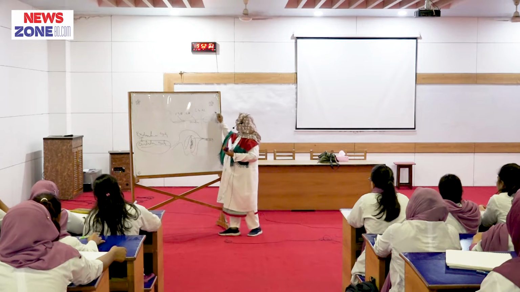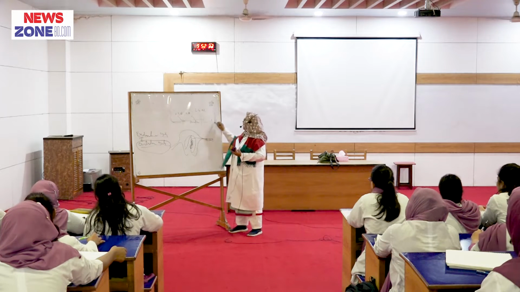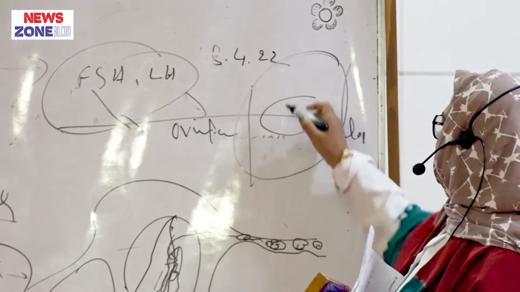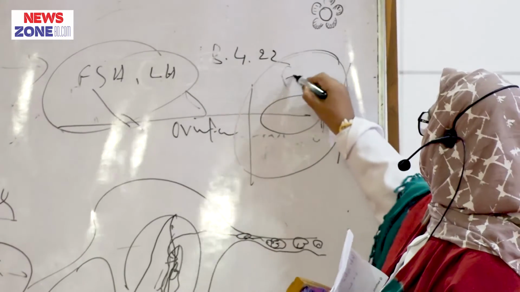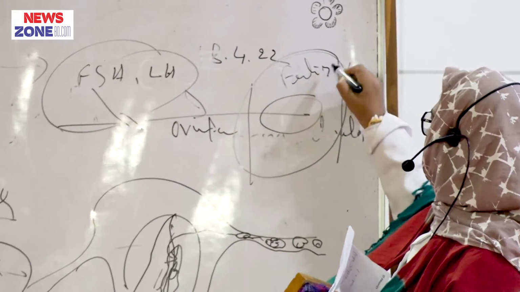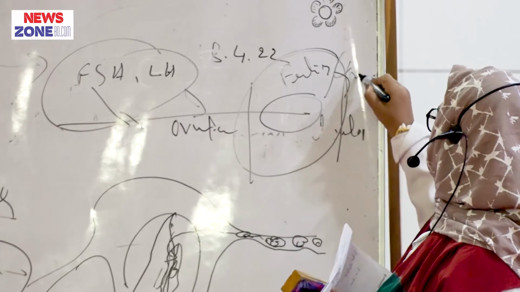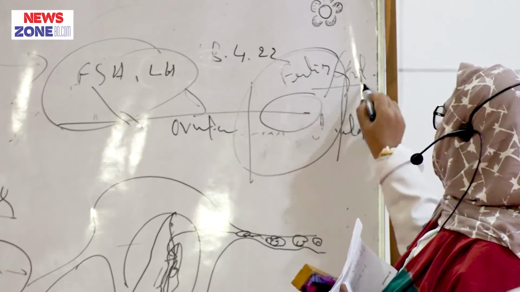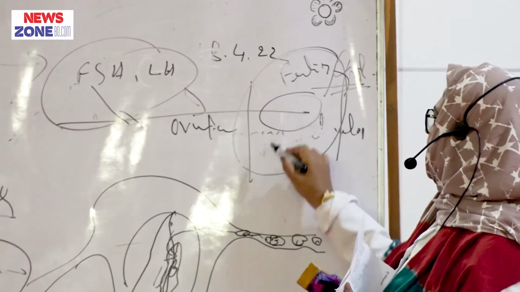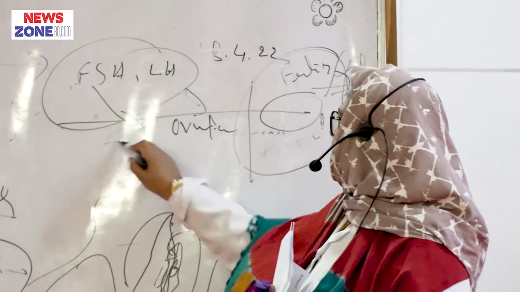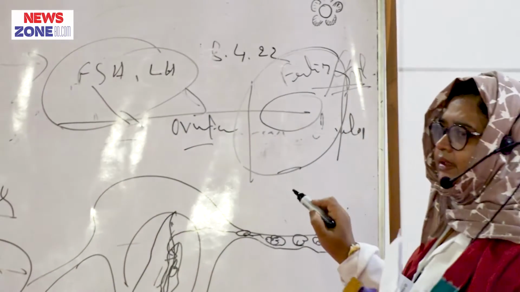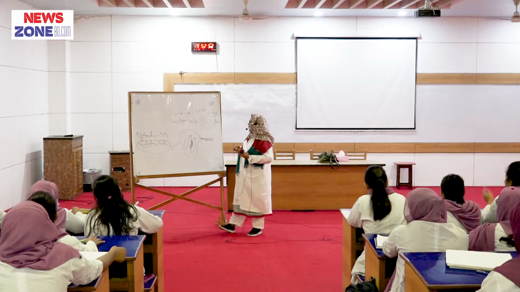Where does fertilization occur? In this phase. Fertilization and implantation occur in this phase: folliculogenesis, ovulation, and then fertilization and implantation.